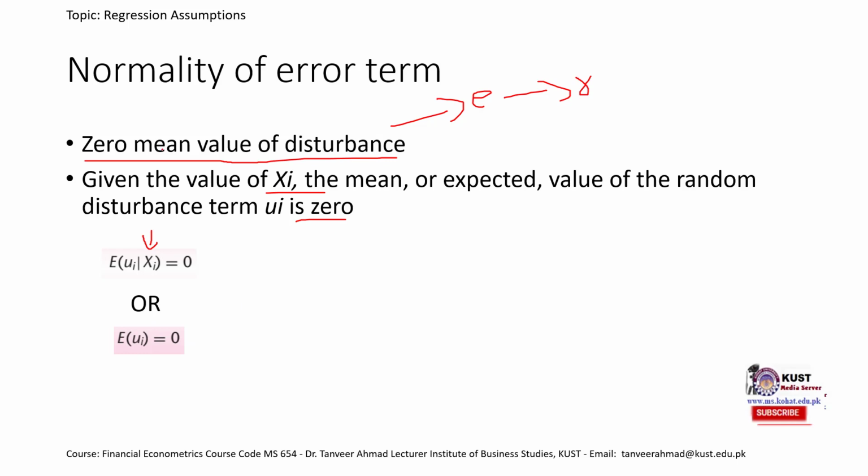Sometimes this assumption is referred to as zero mean value of disturbance. In some books you would find it as normality of error term. They both are similar, and in the coming slide I would explain how it doesn't matter whether you call it a zero mean value or normality of error term. They both would work.